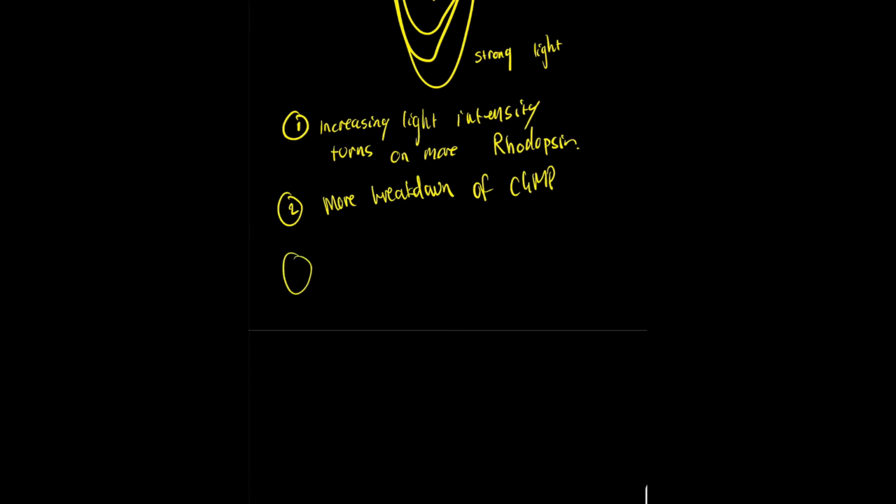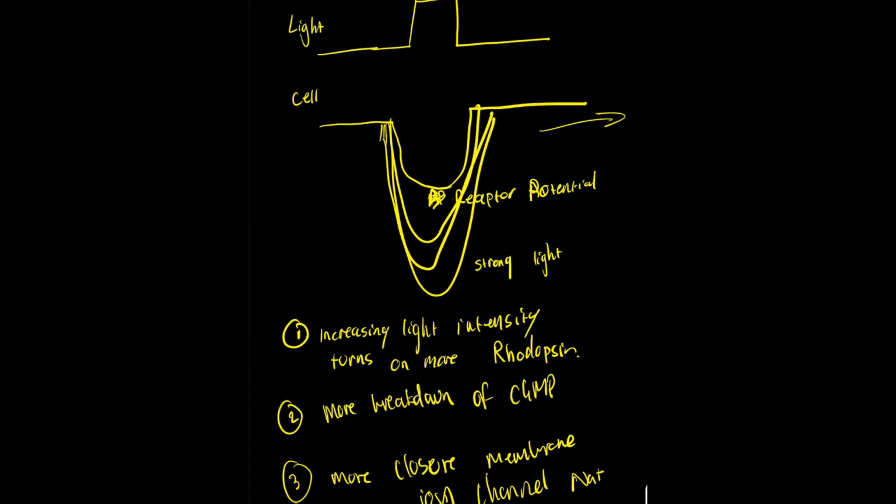Then, because of that, you're going to have more closure of those membrane ion channels, which prevent Na coming in. And so it's really a graded response, isn't it? If you have a little bit of light, you may only become a little bit negative. If you have a huge amount of light, you get that big hyperpolarization, and those contribute to the action potential.